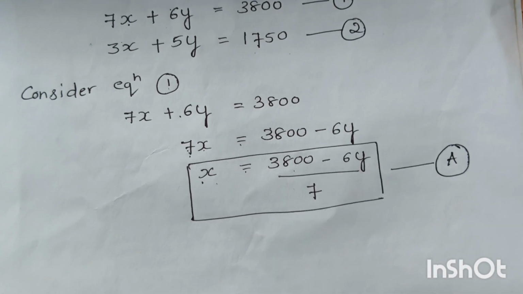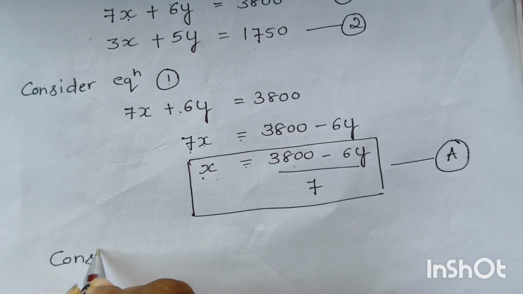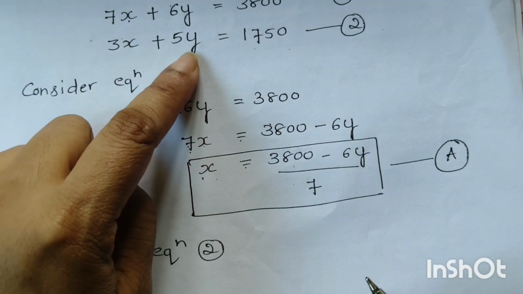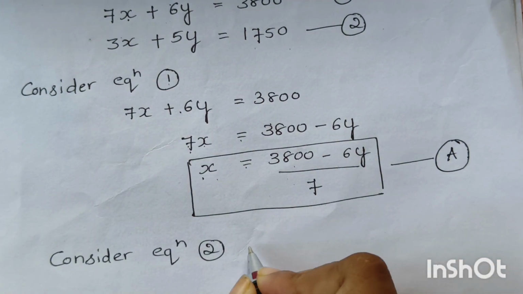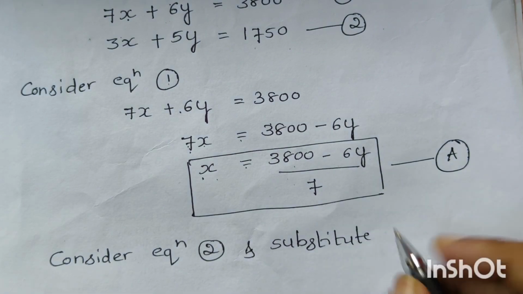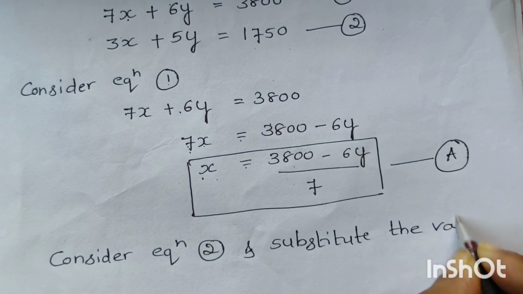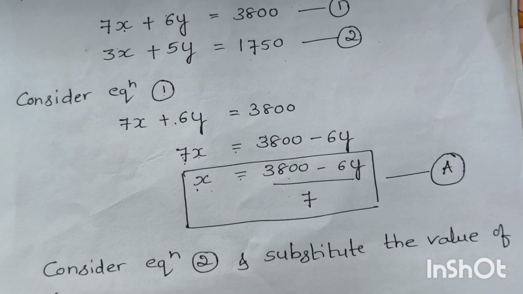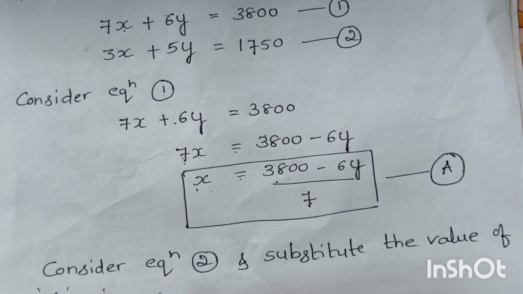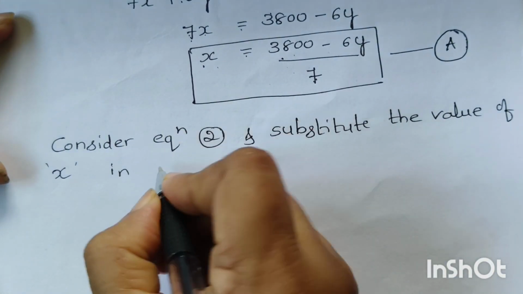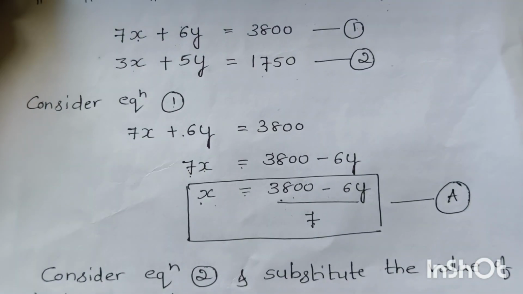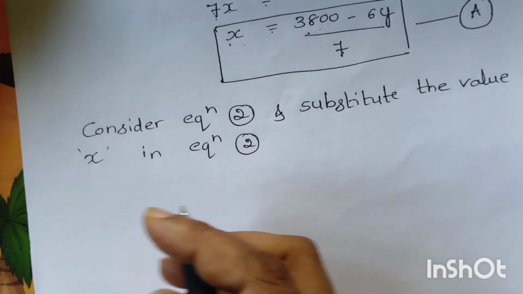So consider equation 2, that is 3x plus 5y is equal to 1,750, and substitute the value of x, that is 3,800 minus 6y by 7, in equation 2.